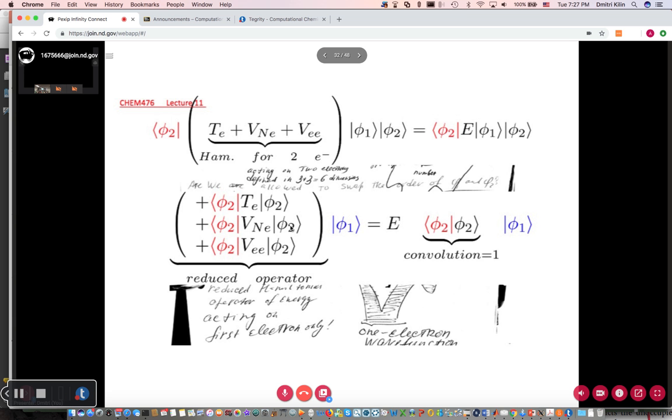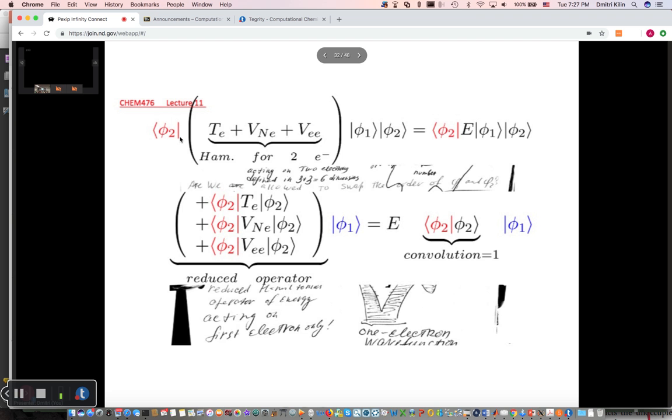This is one thing. The second thing is to repeat the same procedure, but the red object in the top line in the form of a bra vector will be not phi1 but phi2, so that we integrate over phi1 and obtain an equation for the unknown one-electron function for the second electron.